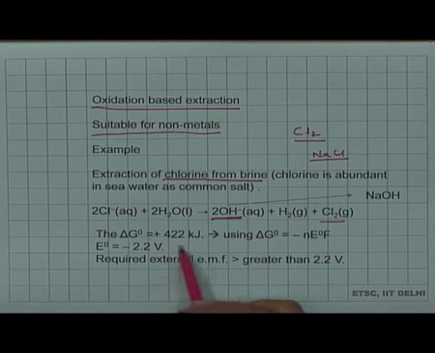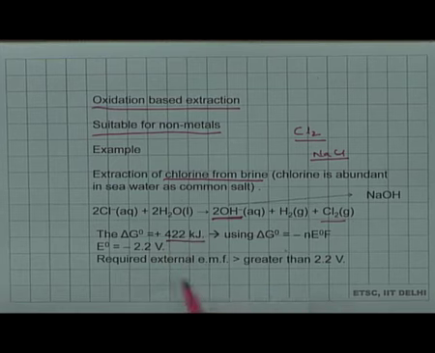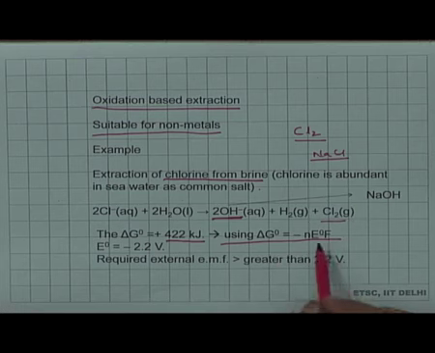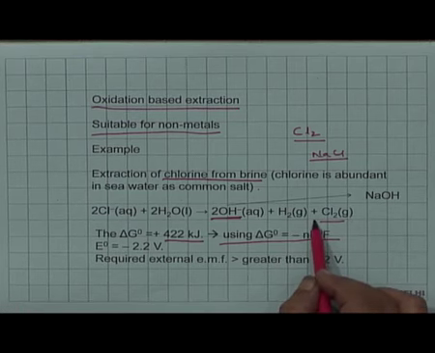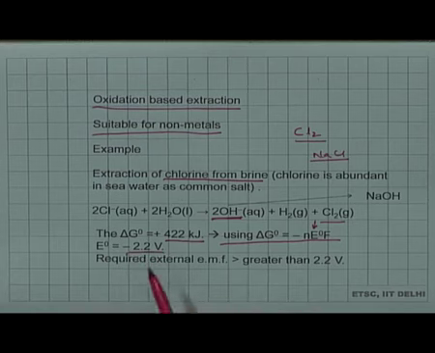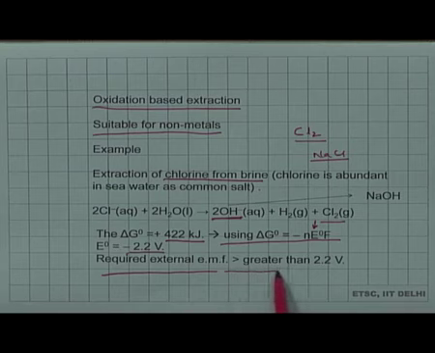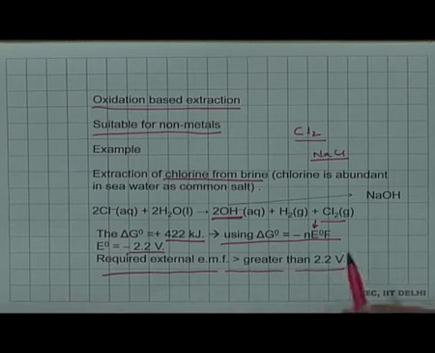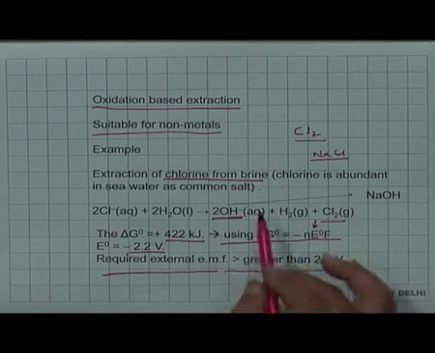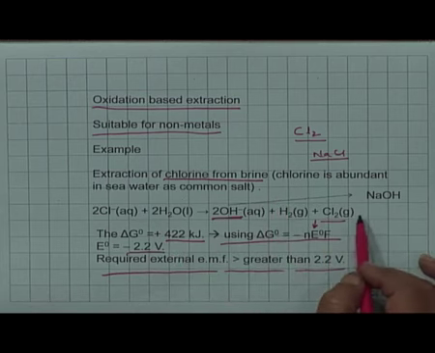Delta G for this reaction is positive. So, if you want to make delta G negative, you have to use an E0 of the order of negative 2 volt, and so if you use an external EMF greater than 2.2 volt, the chloride from the brine solution can be oxidized.